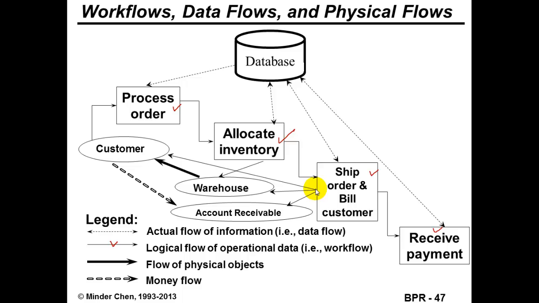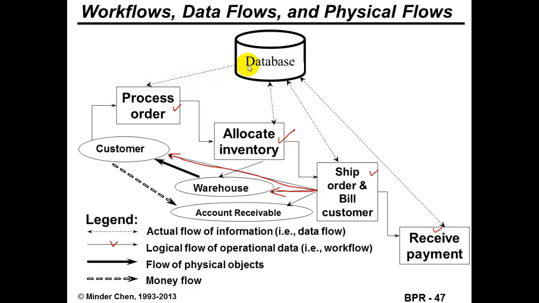When we ship the order, the shipping notice or shipping slip will be sent to the customer. The shipping notification will be sent to the warehouse for them to pack and ship the order. The billing to the customer will be handled by accounts receivable.